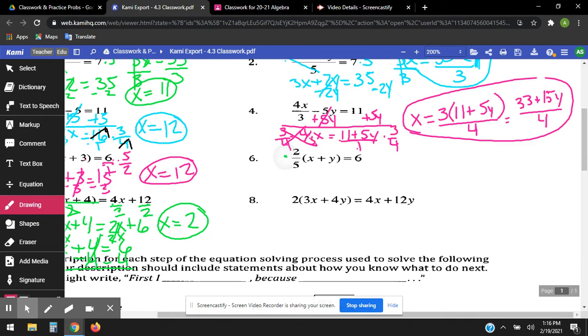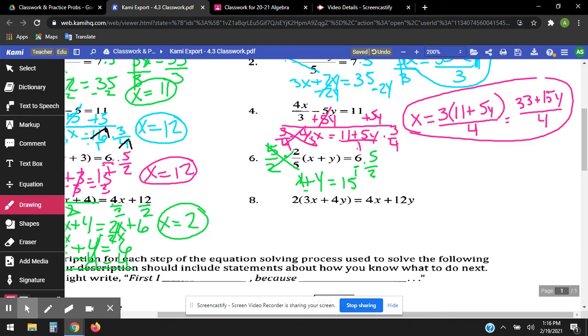Instead of times 2/5, I'm going to multiply by 5/2. Really getting some good practice on multiplying by those reciprocals. Okay, so that leaves me with x plus y equals 30 divided by 2. And that's 15. So I can simplify that.